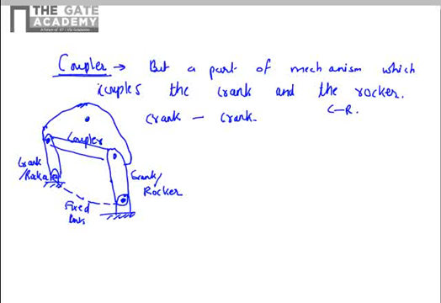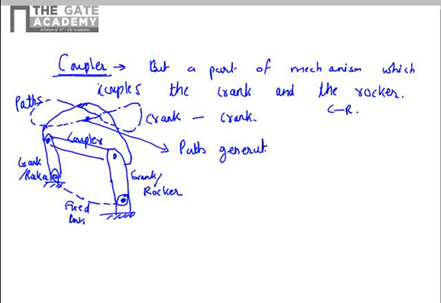There is a special property of some couplers: a point on the coupler can be used to generate complex curves. Various complex looking paths can be generated from a point on a coupler, which is called a path generating point.